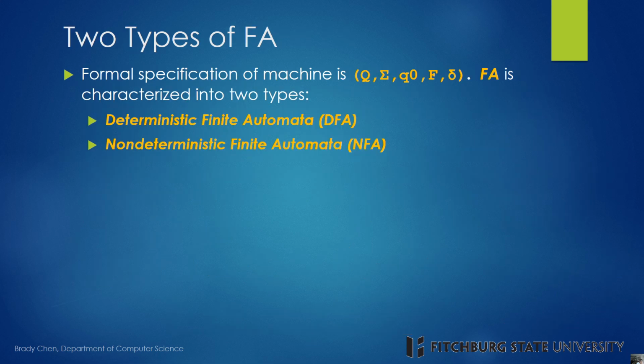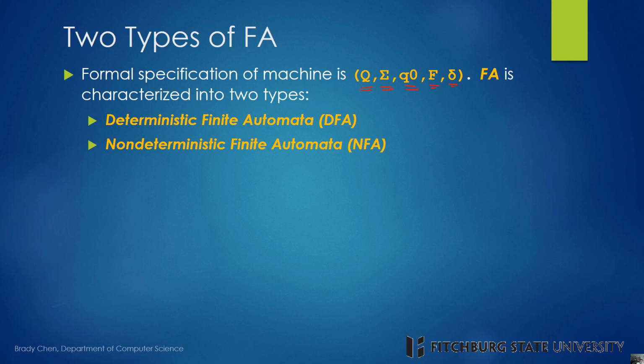By definition, a finite automaton has a 5-tuple, 5 elements: Q, a set of states; a set of symbols; an initial state; a set of final states; and the transition delta.